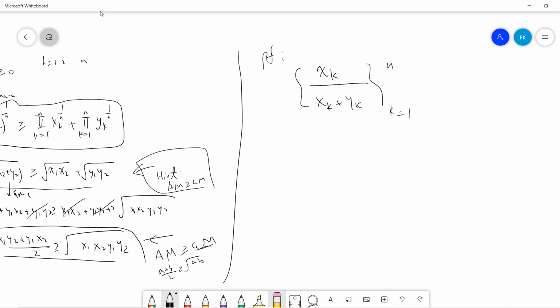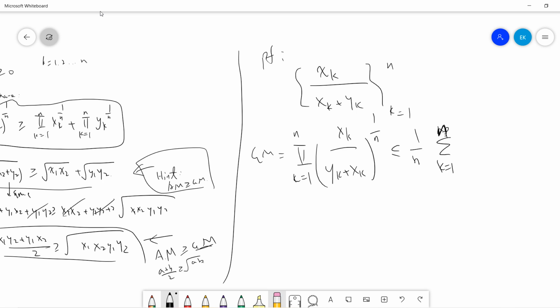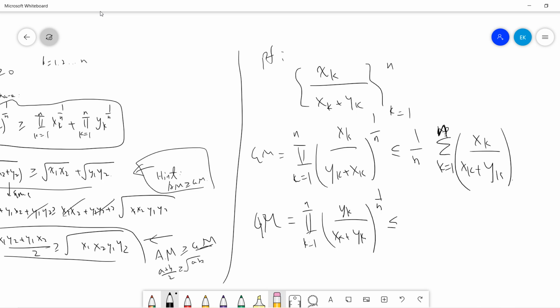The geometric mean, so-called GM, is the product of x_k/(x_k + y_k) to the power 1/n, which is less or equal to the arithmetic mean, 1/n times the sum from k equals 1 to n of x_k/(x_k + y_k). Then we do the same thing for y_k/(x_k + y_k), so you get the product of y_k/(x_k + y_k) to the power 1/n less than or equal to 1/n times the sum from k equals 1 to n of y_k/(x_k + y_k).